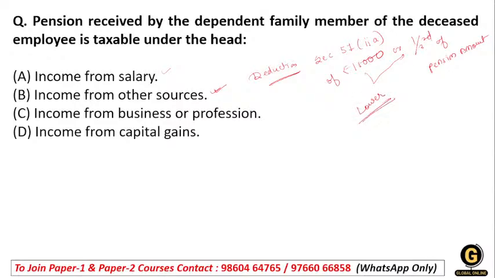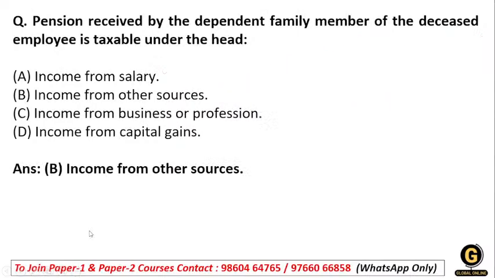So the right answer for this question is income from other sources. The pension received by the dependent family member of the deceased employee is taxable under the head of income from other sources. Get it? Understand? If you do not understand any concept and want me to repeat it, please write in the chat box.